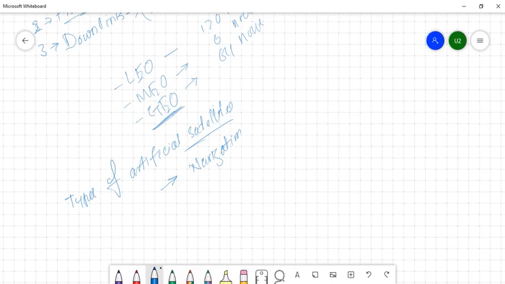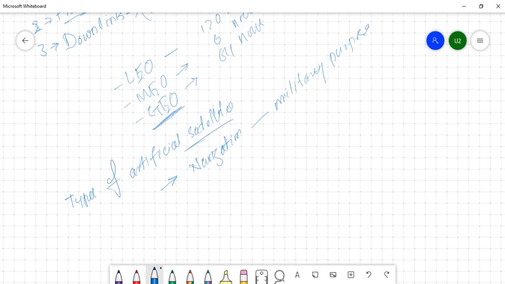This kind of satellite is also meaningful for military purposes, and it is also vital for weapons targeting.